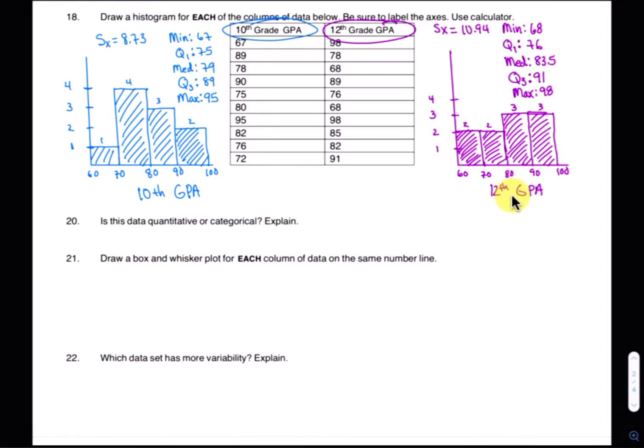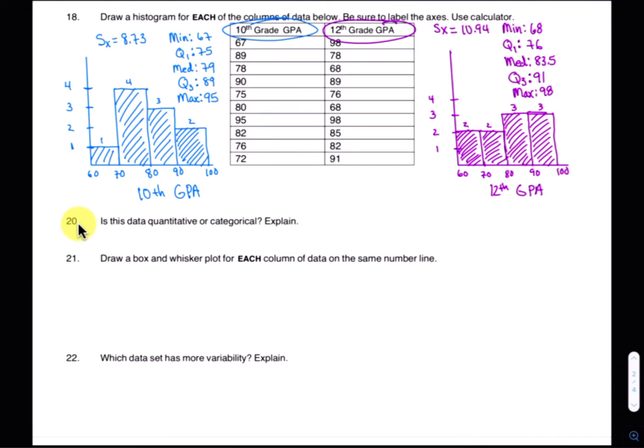The axis is labeled as 12th grade GPA on the bottom and 1 to 4 on the side. The number you see here, Sx is 10.94. That's the standard deviation for 12th grade. And then you have the 5-number summary. Again, all of this is done on the calculator, and you'll definitely have to do this on the test. So let us know if you need help with that.